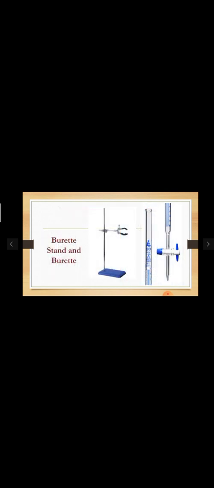After that, you can observe here the important apparatus for the titration experiment. Burette stand and burette are shown in this diagram. See here, this is the burette stand. This is the clamp to which we are going to connect the burette. This is the shape of the burette. This is the bottom side.